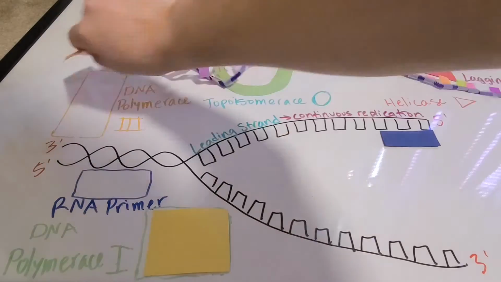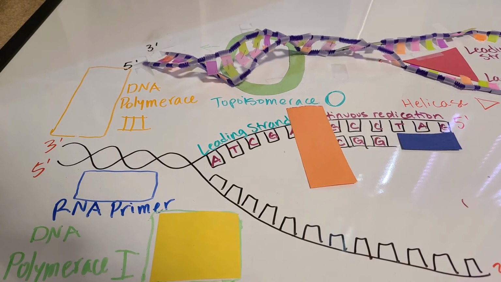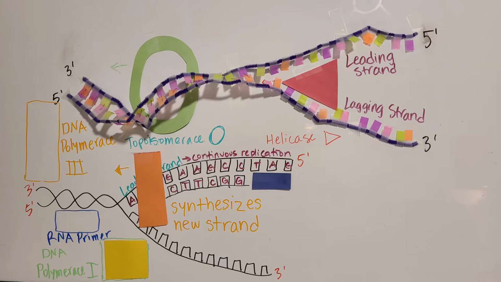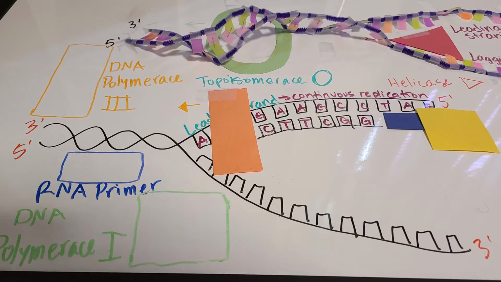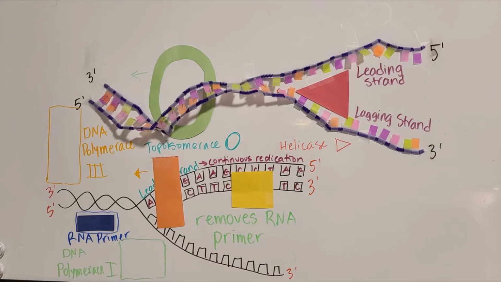DNA polymerase III actually creates a new strand and attaches cytosine to guanine and adenine to thymine. DNA polymerase I then removes the RNA primer, so you have a new DNA strand that's being made.